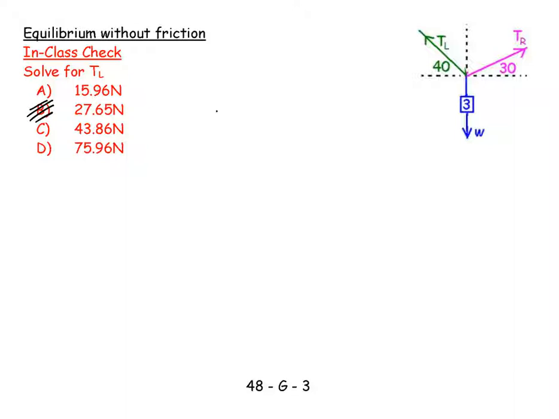And so I have my downwards force, which is 30 newtons. And then I have my T right, which is at 30 degrees above the horizontal. And I have my T left, which is at 40 degrees above the horizontal.